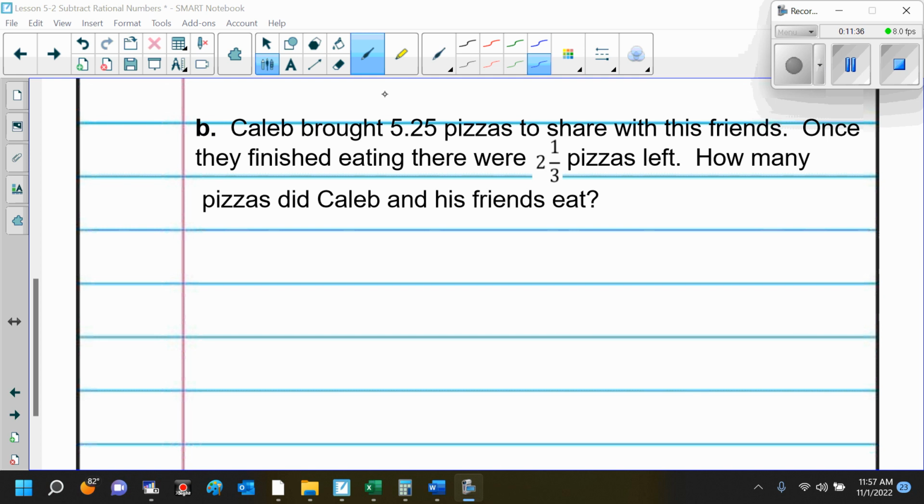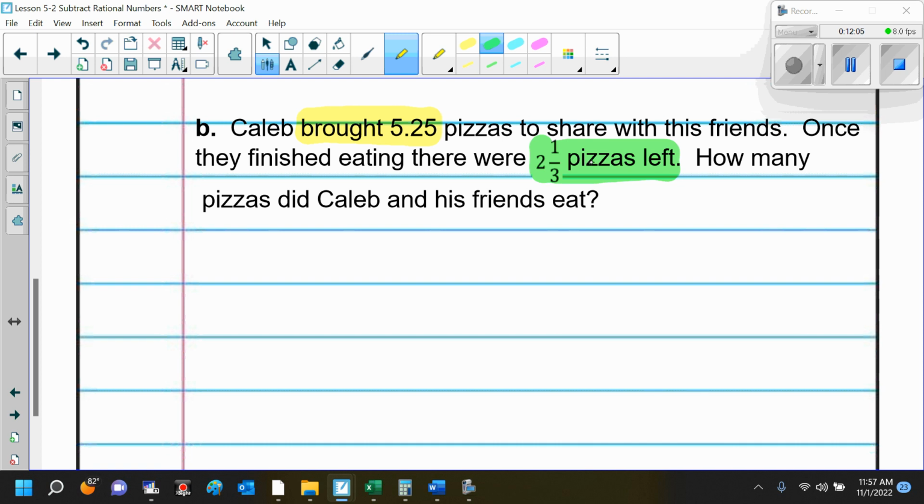So how much did he bring? Okay, he brought 5.25 pizzas. How much did they eat? All right. Oh, actually, that's not how much they ate. That's how much was left, right? So they had 2 1/3 pizzas left. And then we want to know how much pizza did his friends eat, right?